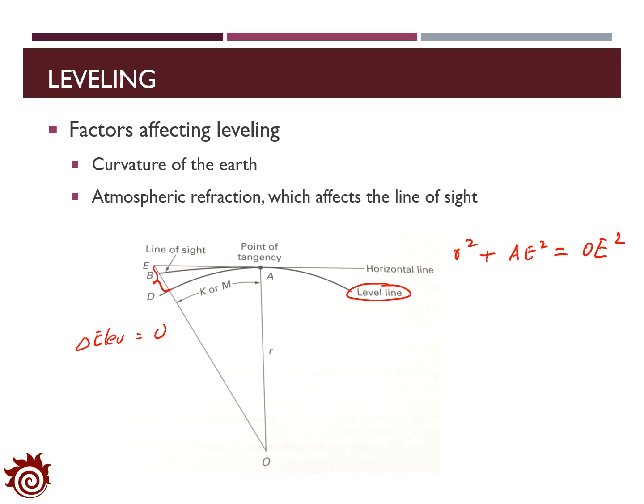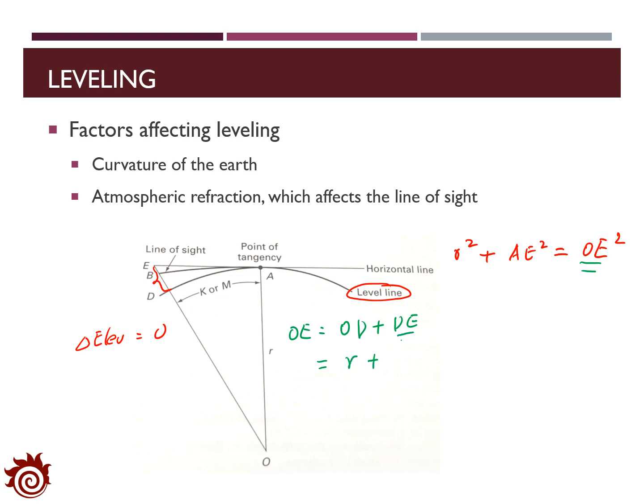Also, OE is O to D plus the distance from D to E. The distance from O to D is just the radius of the Earth.